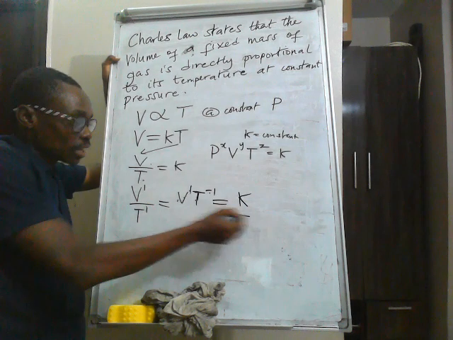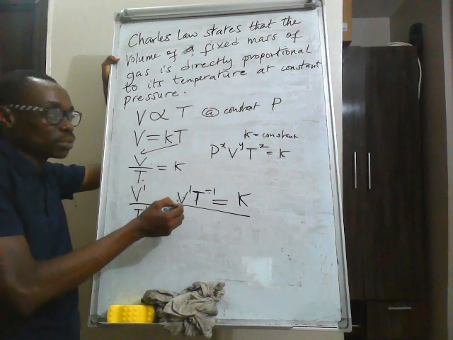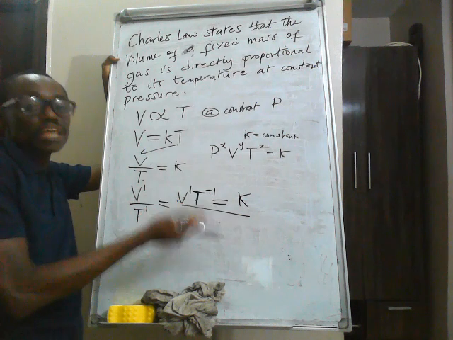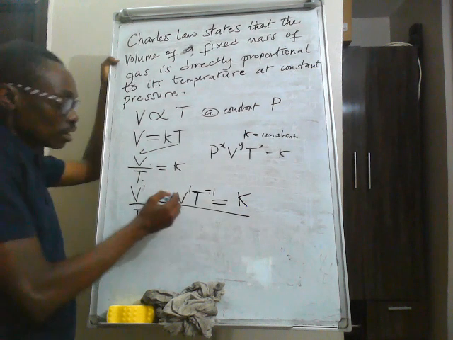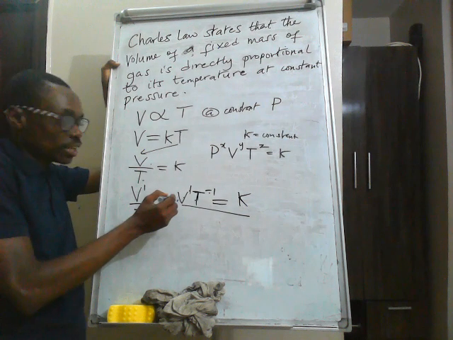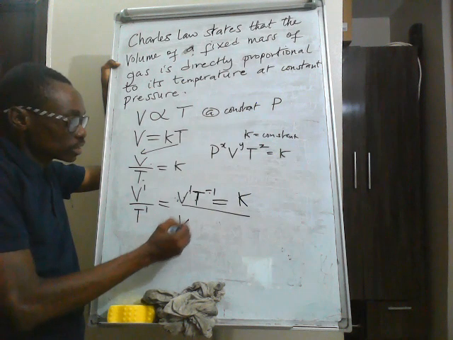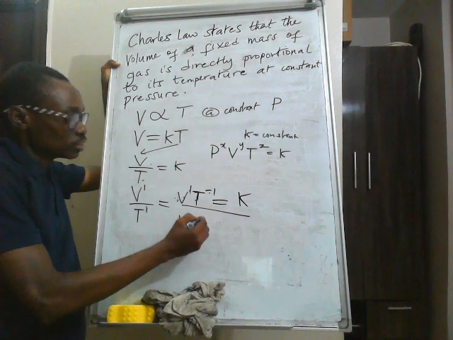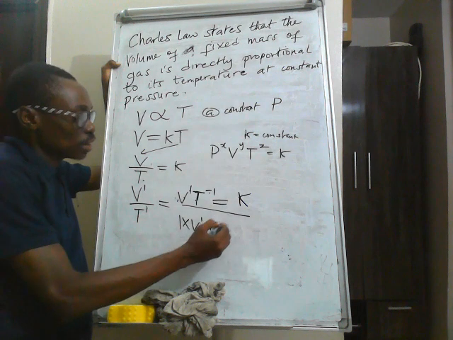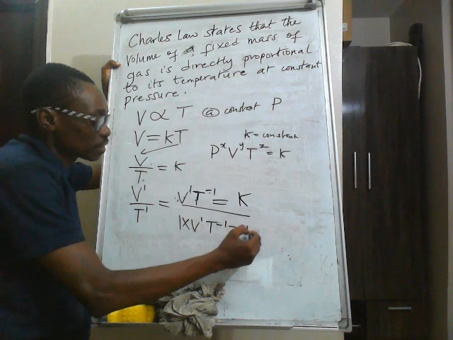In our expression for Charles' law right now, there's no P. How do we bring in P? Just like before, we can introduce 1 here. So you have 1 times V raised to power 1, T raised to power minus 1 equals K.